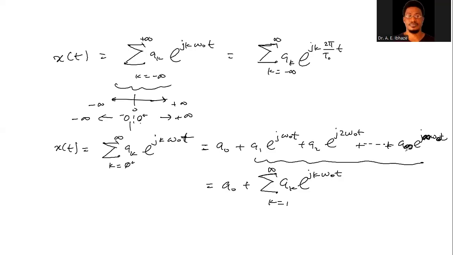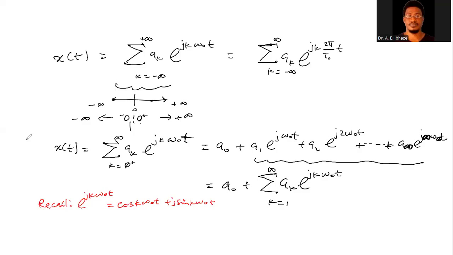Now we observe that this is what we call the Fourier series. Recall that epsilon j k omega naught t is the same as the sum of sinusoids, which is cos k omega naught t plus j sine k omega naught t, right?